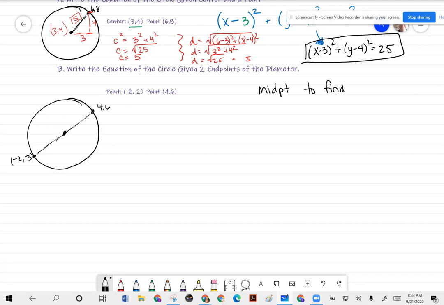Then I have to either find the distance and divide it by 2, or use the midpoint and another point to find the radius. So we need to somehow use distance to find the radius.